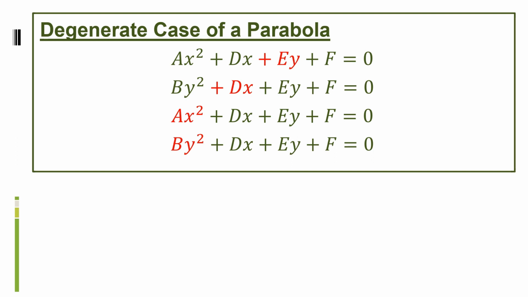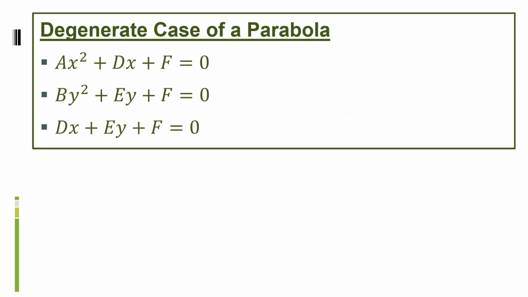Kapag doon sa ating general form nawala yung ey or yung dx, or nawala yung ating mga squared terms, nagre-result yan into a degenerate case. So we have three.